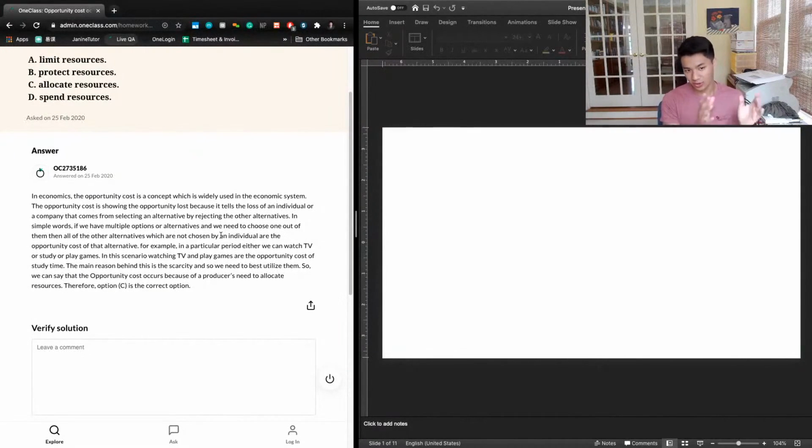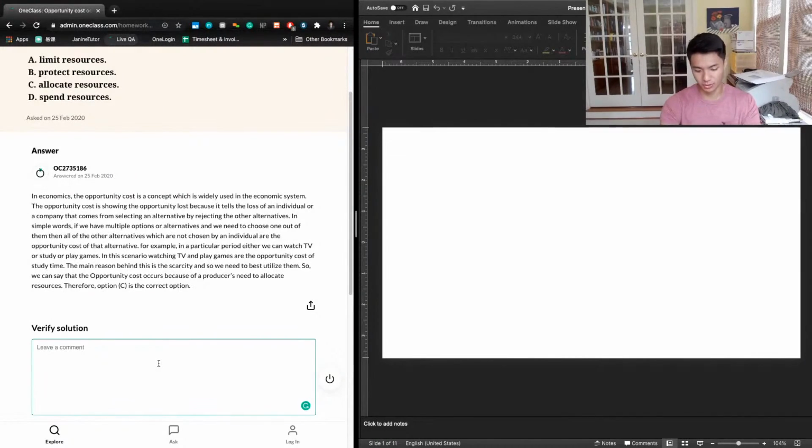In that sense, if I choose to watch TV, the opportunity cost is only the utility I gave up from not playing games. So a cost of 9 utility. It is not the sum of both the studying utility of 8 plus the game utility of 9, or 17. That's not my opportunity cost, right? It's the next best alternative.